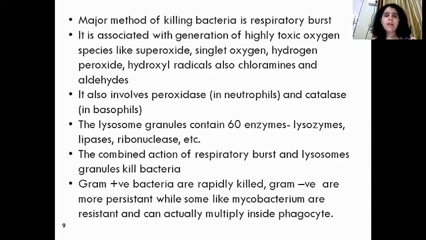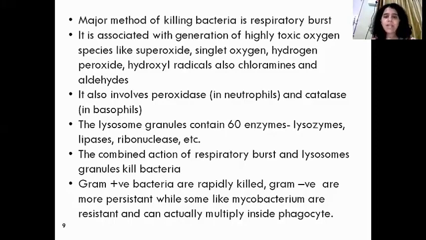The second part is the non-oxygen dependent killing, which involves lytic enzymes present in the lysosomal granules. These lytic enzymes usually include peroxidase, catalase, ribonuclease, and lipase. They carry out the non-oxygen dependent killing of the bacteria.